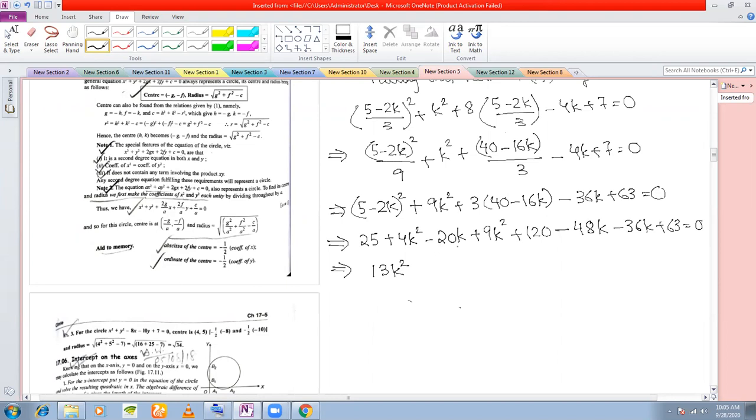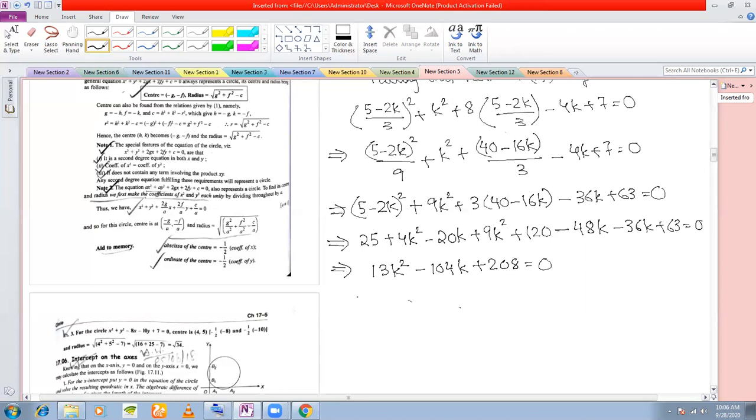How many k's are there? 48 and 36, that is 84... you get 104k. And the constants, if you add up, you get 120 plus 63 plus 25, that is 208.